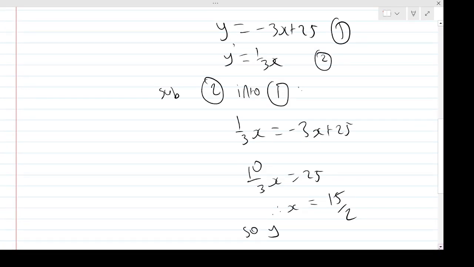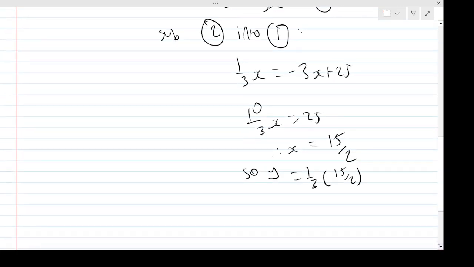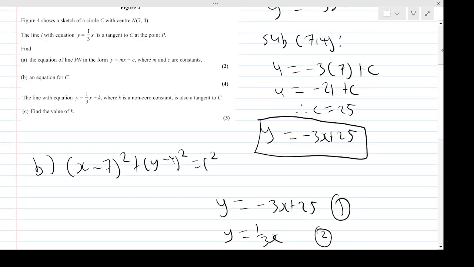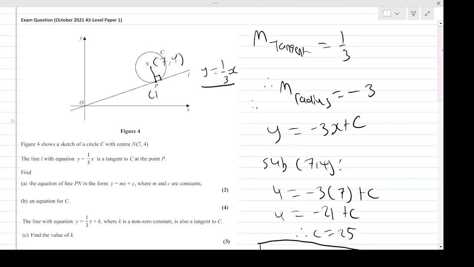Let's substitute it into this one because it's a lot simpler. Then y is a third of that, right? A third times 15 over 2 is equal to 5 over 2. Therefore, the point P, the intersection point, is x is 15 over 2, y is 5 over 2. So I can fill that in. So P's there.